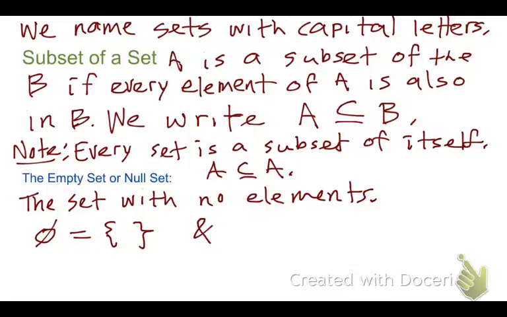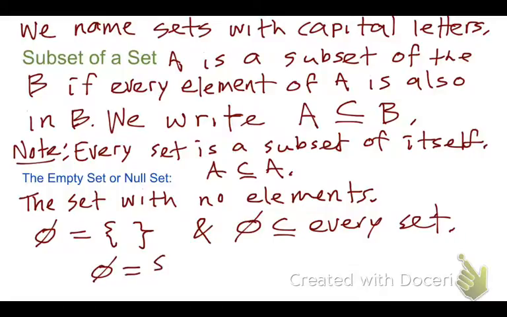Also notice that the empty set is a subset of every set. One other thing, the empty set is not the same as the set that has 0 in it. 0 is a thing. Even though it's the number that represents nothing, it's actually an element of the set. So the empty set doesn't have 0 in it. It doesn't have anything.